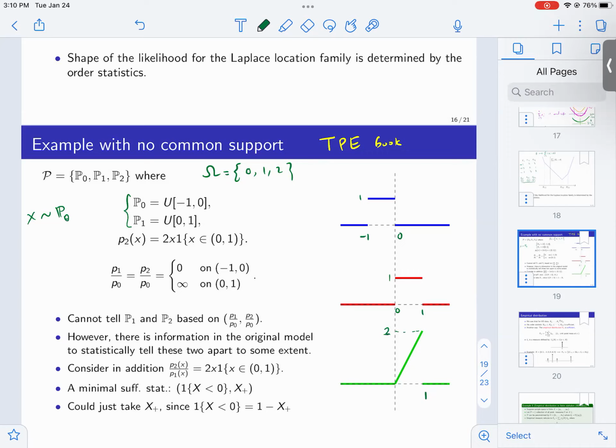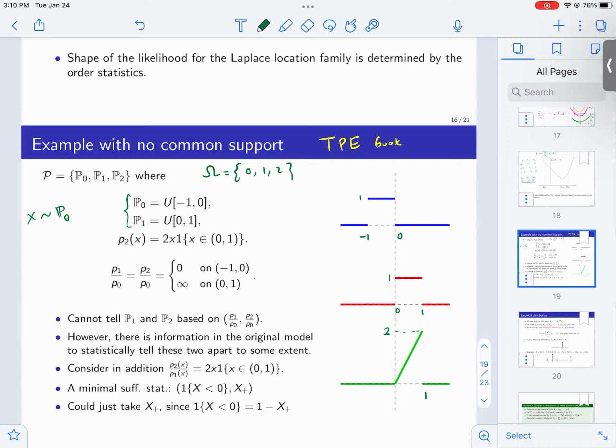So if I put this and this together, all the pairwise likelihood ratios, that would give me a sufficient statistic. You can think about what this is saying. It's equivalent to: whenever X is positive, keep its value; whenever X is negative, discard the value. That's your sufficient statistic. You can write it in different fashions, like X plus and the indicator of X negative, as a two-point statistic.